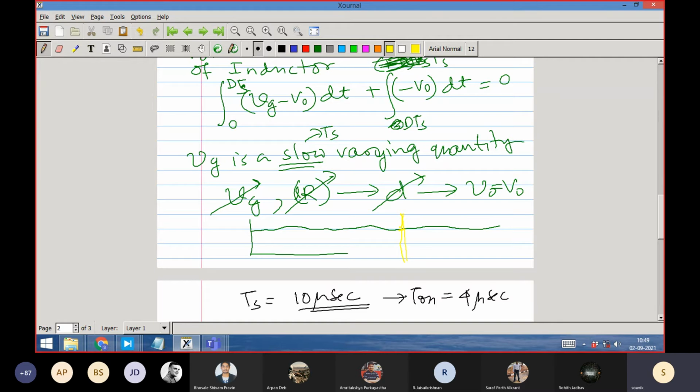If you ask, sir, how do you dictate how the input voltage will change? I say, if you tell me it is changing at this rate, I will choose a switching frequency which is 30 times, 40 times more than that, so the switching period is very small and the input does not change during it.